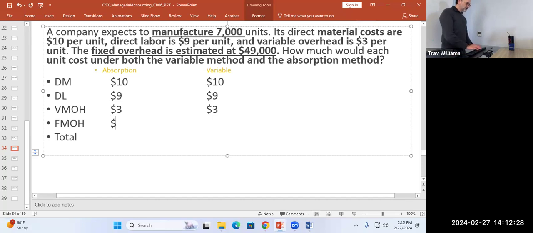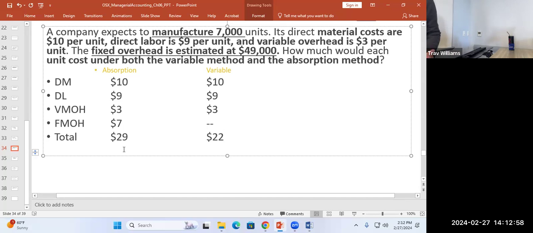So for absorption costing, we will include that, but not for variable, because we're only looking at variable costs, not fixed. So then if we add them up, $29 for absorption is the total cost per unit, and $22 is the variable cost per unit.